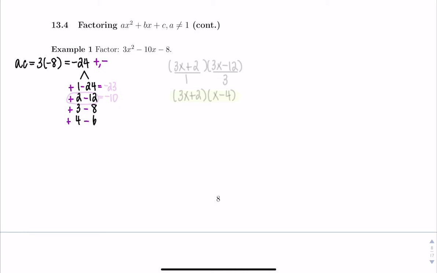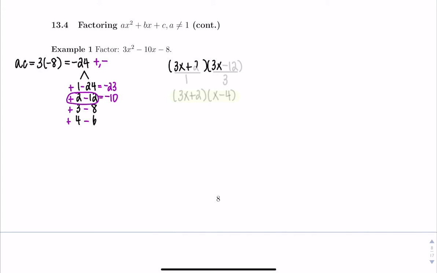And so in the first case, we get -23. In the second one, we get -10, which is exactly what we're looking for. So that means 2 and -12 is my combo. We're going to set up our parentheses. We bring down the leading coefficient into both, and we split the x's.